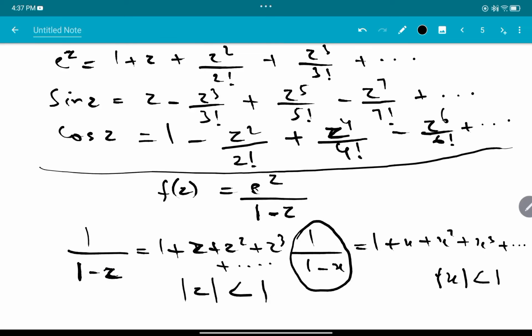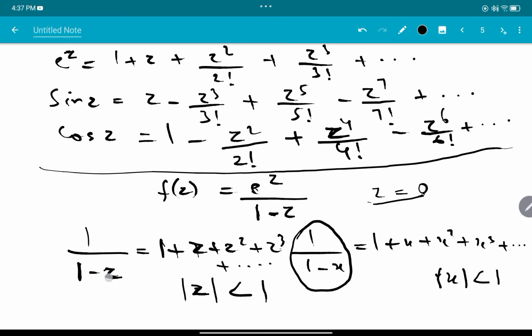Since you are expanding about z equal to 0, otherwise that factor would have been here. For example, an expansion about z equal to 1 would be z minus 1, z minus 1 square, and so on. Now z equal to 0 is the center of this expansion.